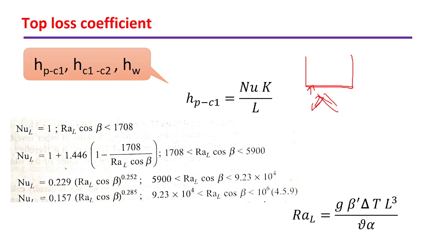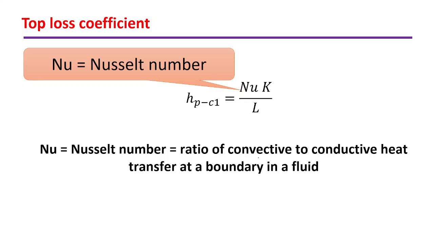The Nusselt number is the ratio of convective to conductive heat transfer at a boundary in a fluid. In solids, heat transfer always occurs through conduction, and in fluids it occurs through convection. Based on that the Nusselt number comes into the picture, and K is the thermal conductivity, L is the length.